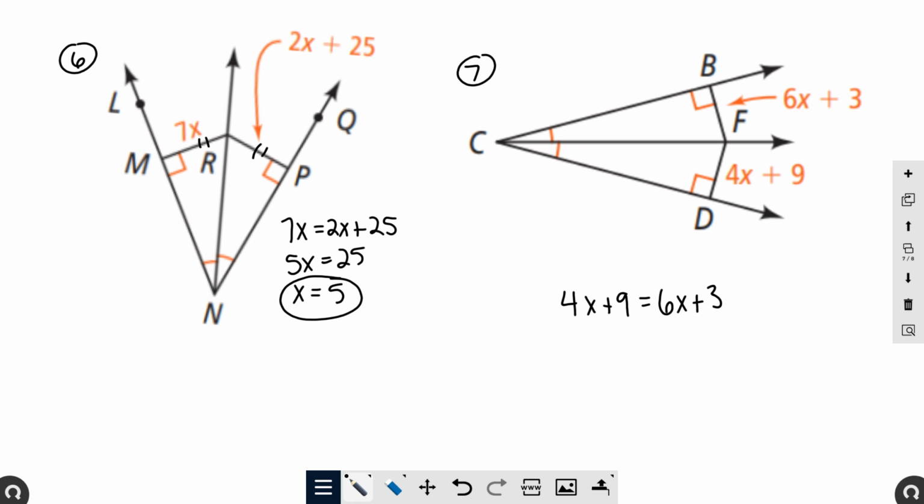And then how do we solve them? Subtract 4x. So 6 minus 4 is? And then? So 2x would equal? And then x would equal 3. That's right, we divide by 2, and then x is 3.